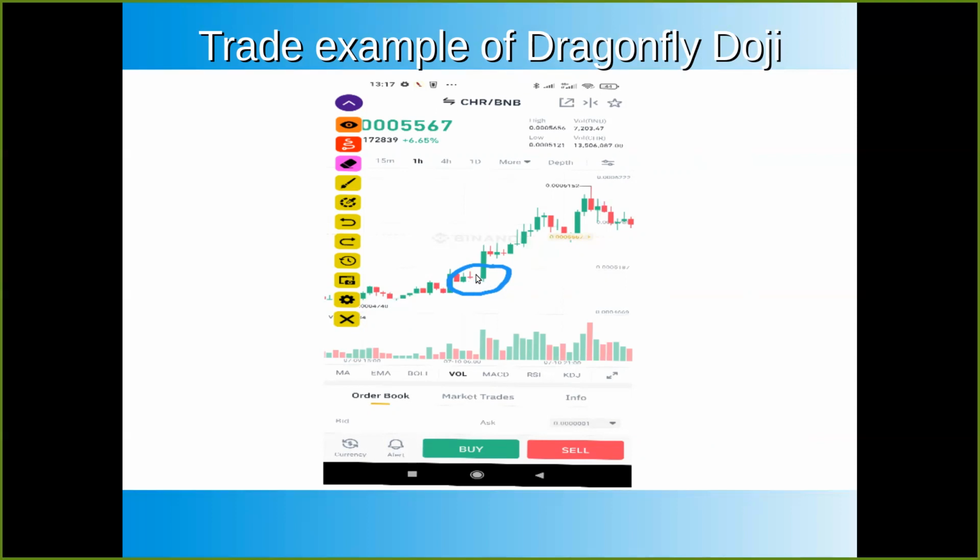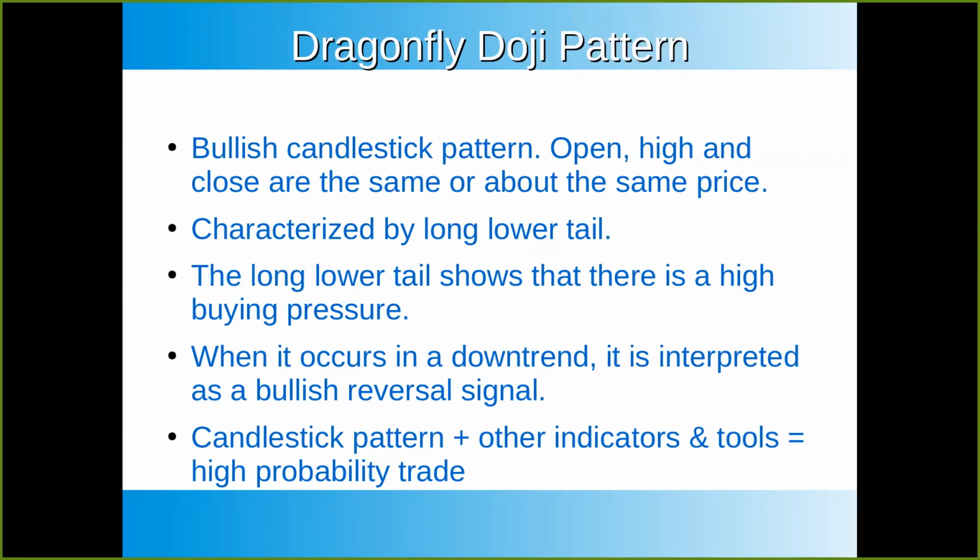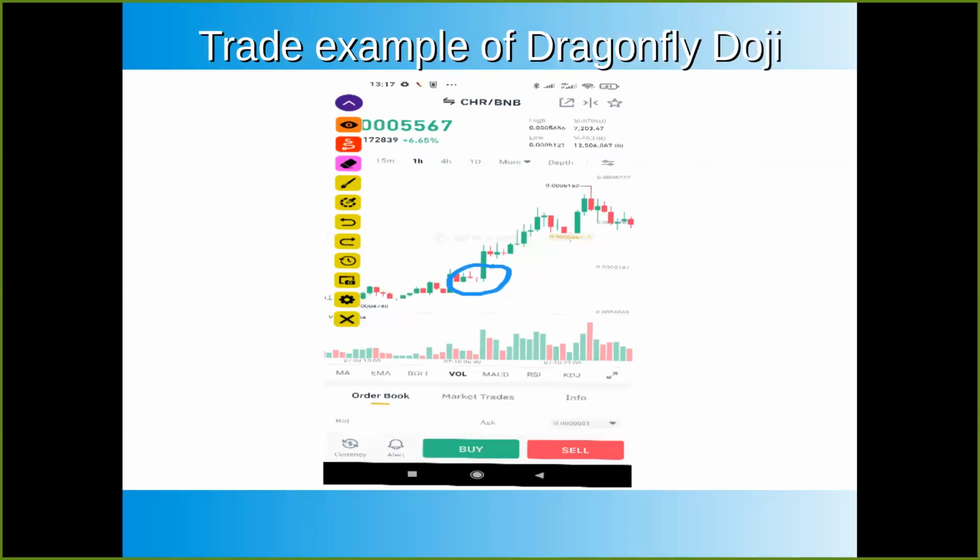It printed again at this point, and the market now tries to push it higher. So it is very important when you are looking at your chart to pay attention to all these patterns so that you can take a decision on what to do with your trade. Like I always said, every candlestick pattern should be traded in combination with other indicators and tools so that you can get a high probability trade setup.